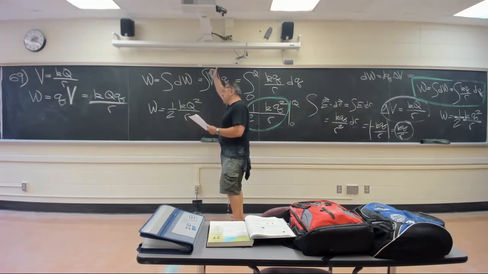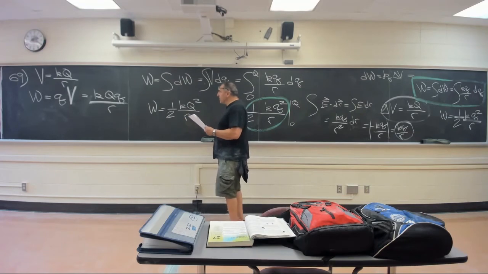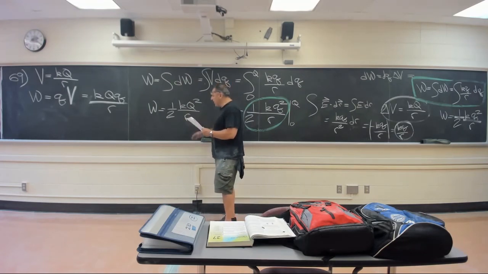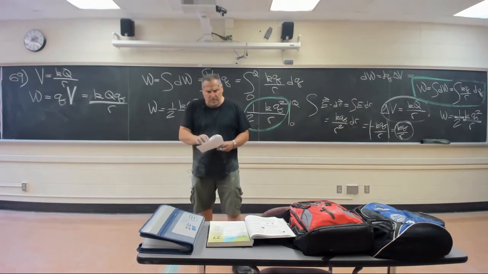You brought it from infinity all the way to 43 centimeters from the center of the sphere to put it on the sphere. 43 centimeters from the center of the sphere is 0.43. That's the half. This is 0.43 meters. So a half times 8.99 times 10 to the 9th times 67 times 10 to the negative 6, that whole quantity squared, over 0.43 meters.